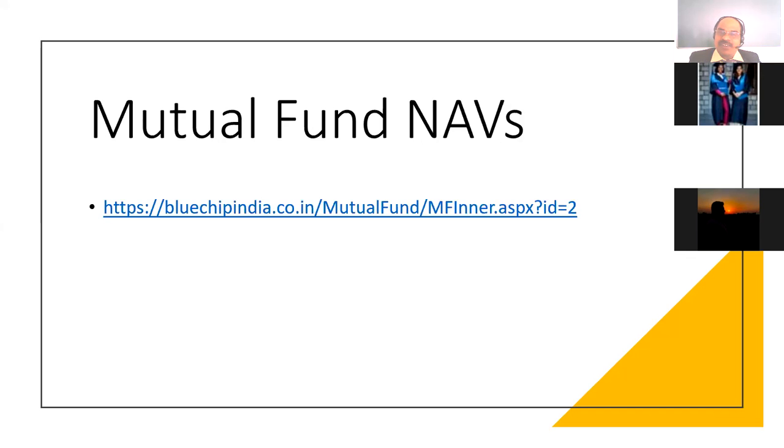This data is a very good source, bluechipindia.co. If you visit this Blue Chip India, you can get this data. Mutual fund data. You can get the net asset value of all the funds from this website.